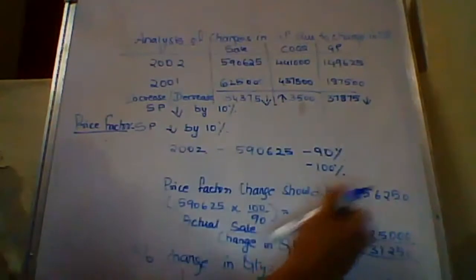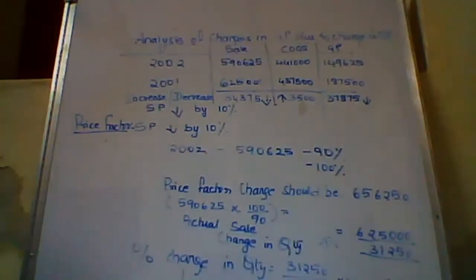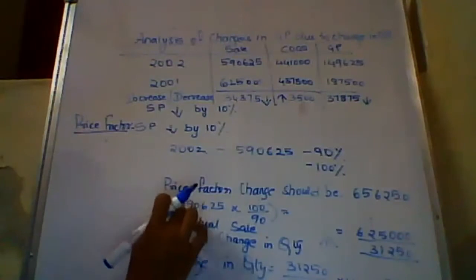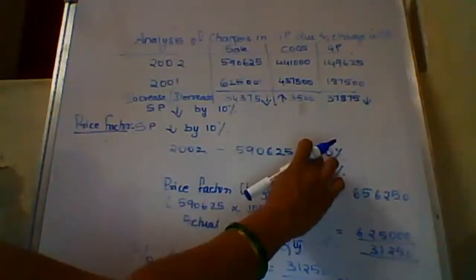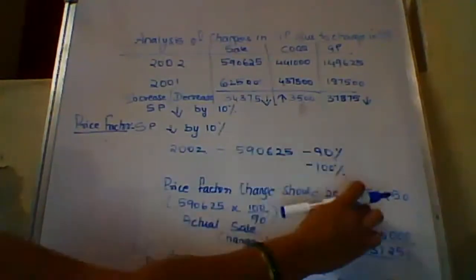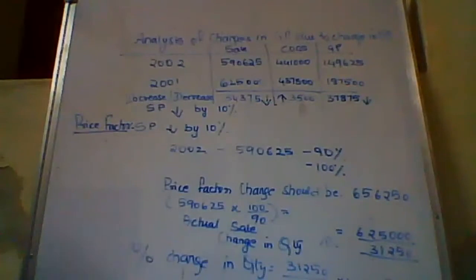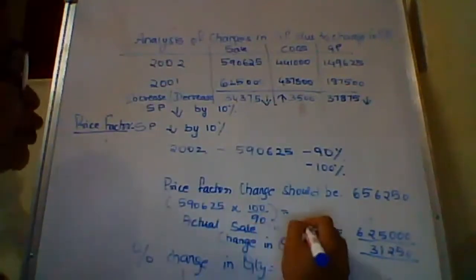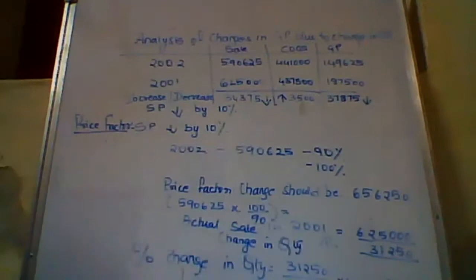2001 should have been 6,56,250. How 6,56,250? If 5,90,625 is 90, 100 should have been the 2001 amount. But what is the actual sale in 2001? In 2001, the actual sale is 6,25,000. It means how much is the increase in your quantity then?